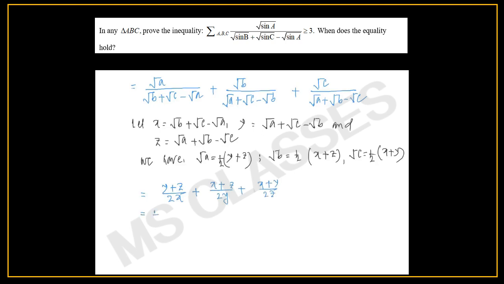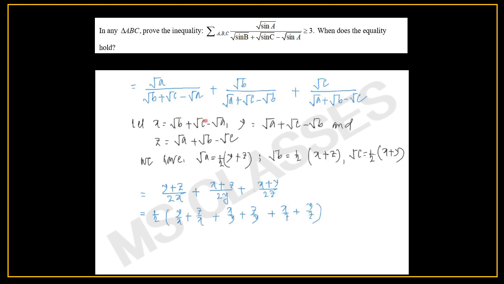Now this is half of y by x plus z by x plus x by y plus z by y plus x by z plus y by z. We get this. Now here all the terms are positive terms. Why?